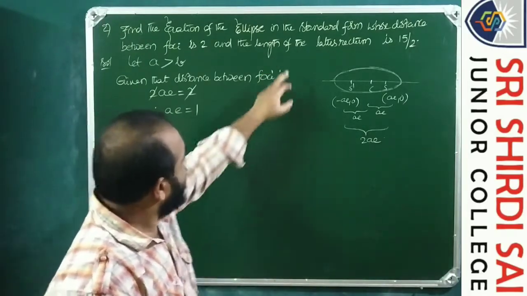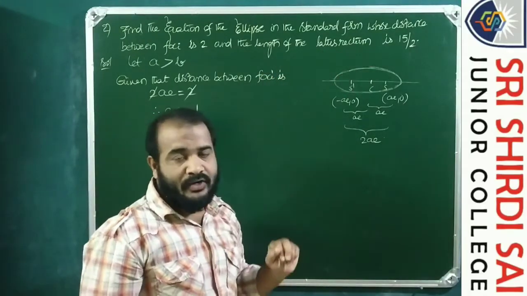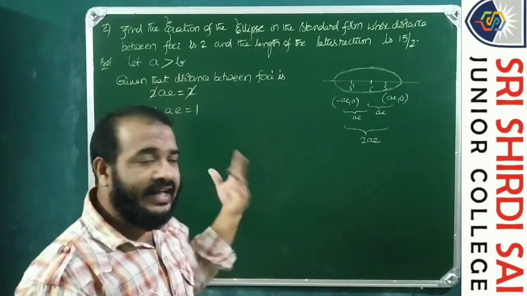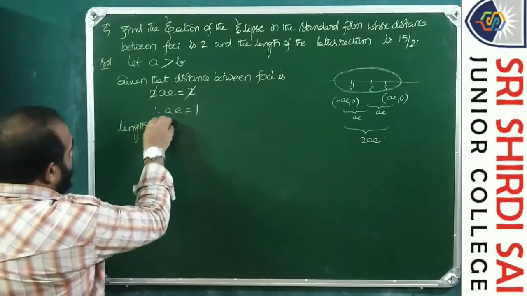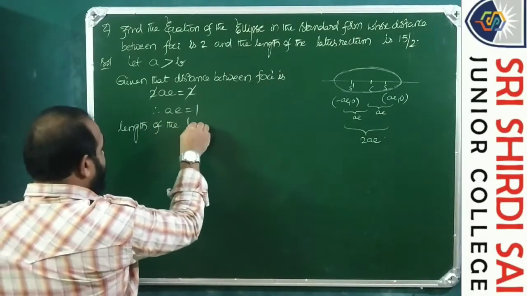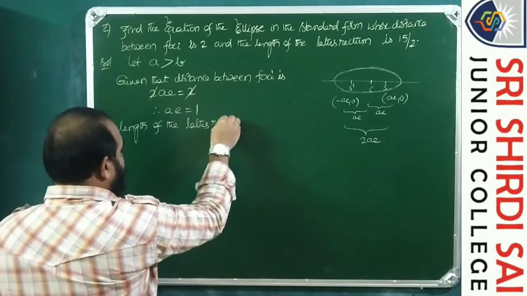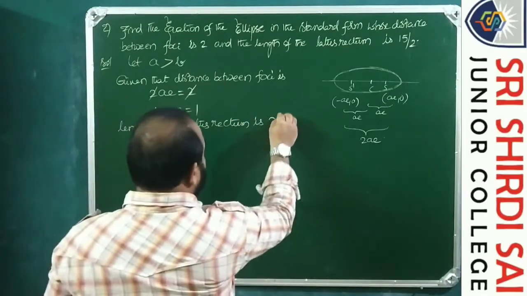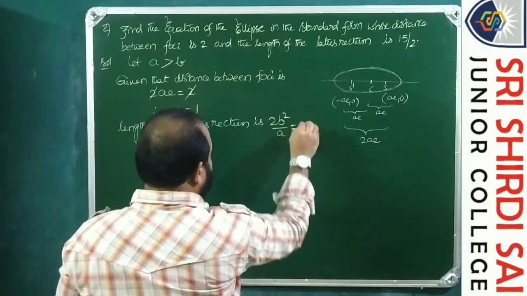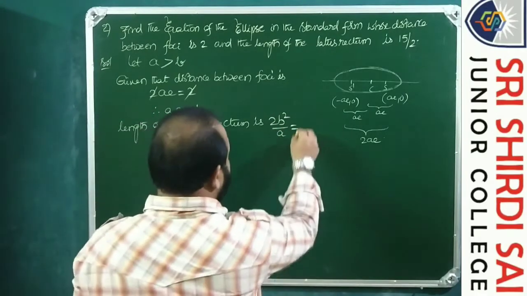And the length of the latus rectum is 15 by 2. For the a greater than b case, the length of the latus rectum is 2b square by a, equals 15 by 2.